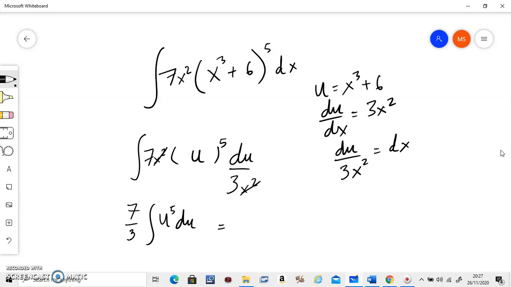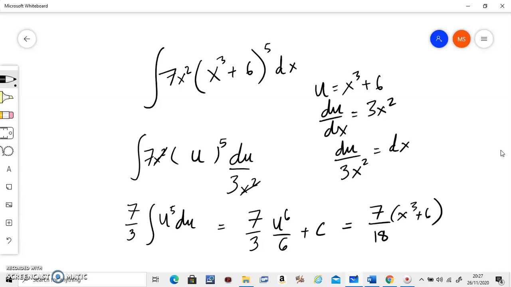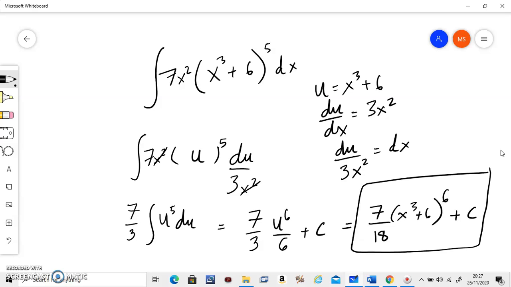Now this is of the form of the power rule, only the variable is u. So you should get 7 over 3 times u to the 6 over 6 plus c, and then simplify: 7 over 18, and in place of u plug in x cubed plus 6, to the power of 6, plus c. This is your answer.